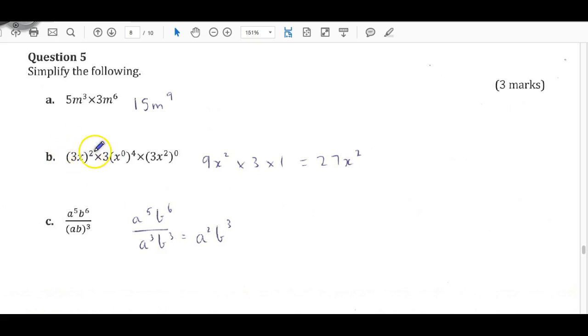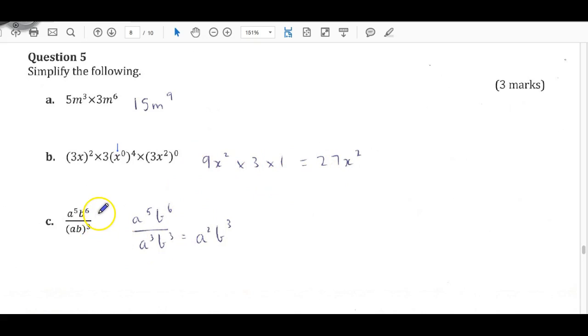So 3x is all squared, so the 9 is squared and the x is squared. Here, the x is to the power of 0, so that becomes 1. 1 to the power of 4 is still 1, so that's why I've just got the 3 here. Then this whole thing is to the power of 0, so that's why we've got the 1 here. So 9 times 3 gives you 27, and then we've just got the x squared on the end.